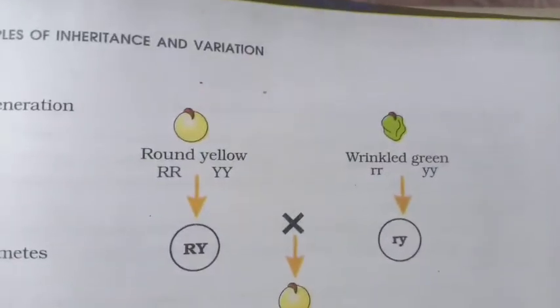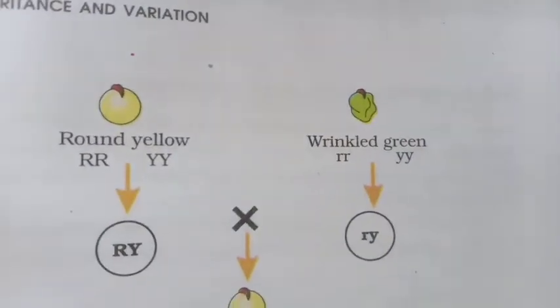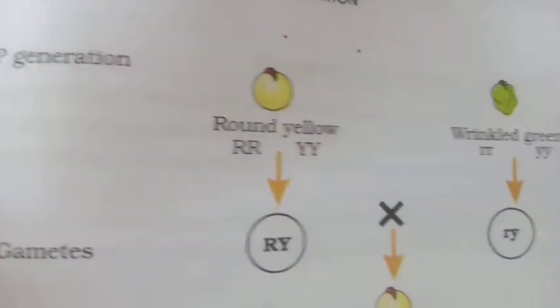These are the seeds: round yellow on the left hand side of your camera and wrinkled green on the right hand side.